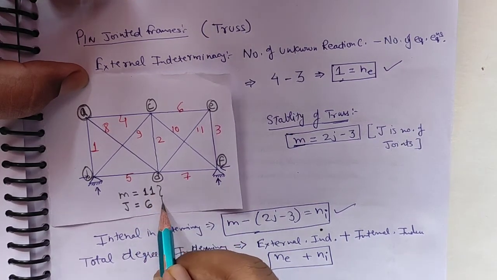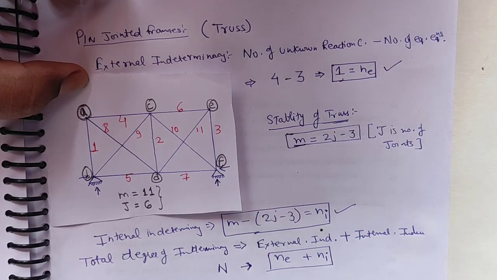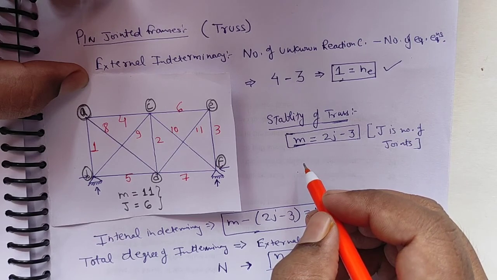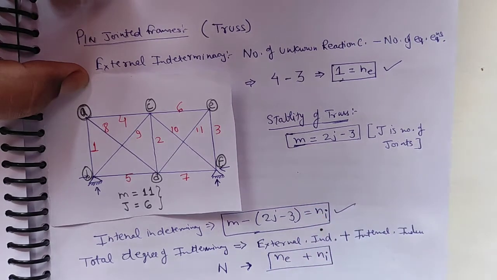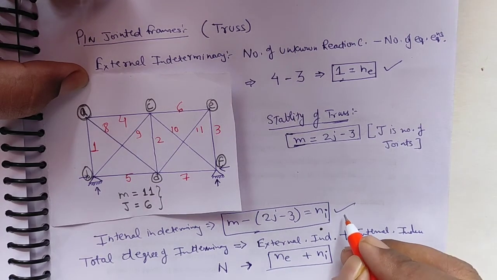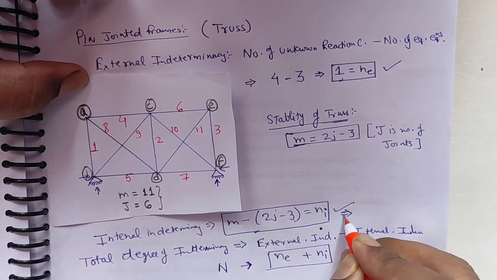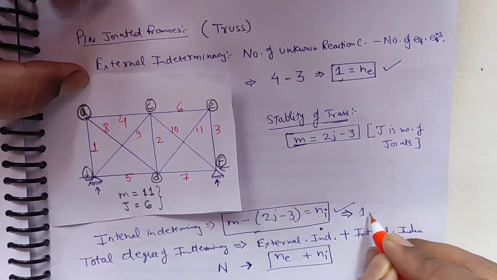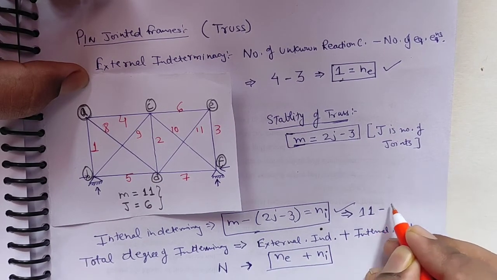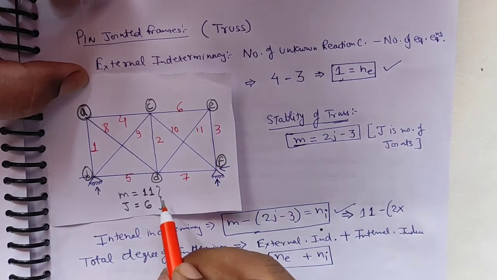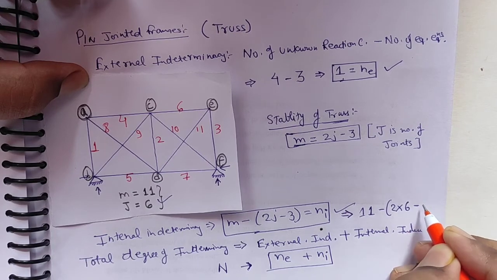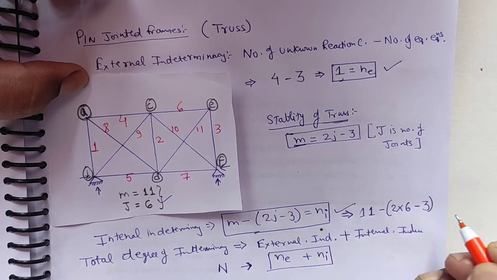Using these numbers, I can first check the stability of the truss. Then I put the data into the internal indeterminacy equation: m is 11 minus (2 into j, that is 6, which I evaluated from the truss, minus 3).